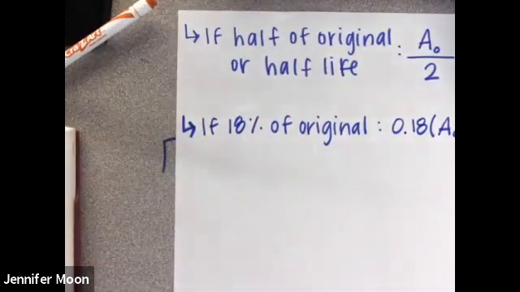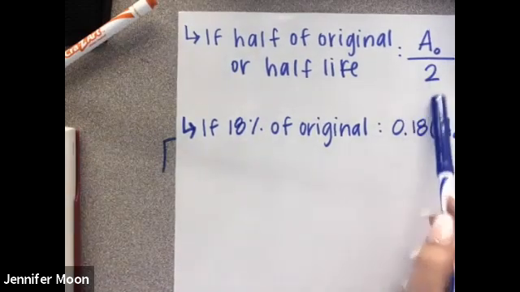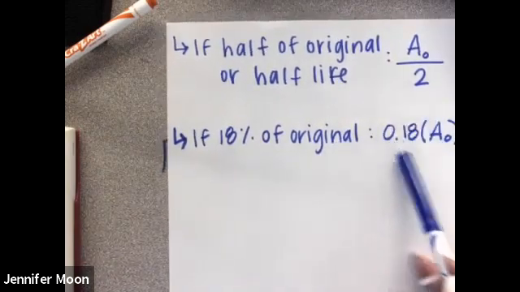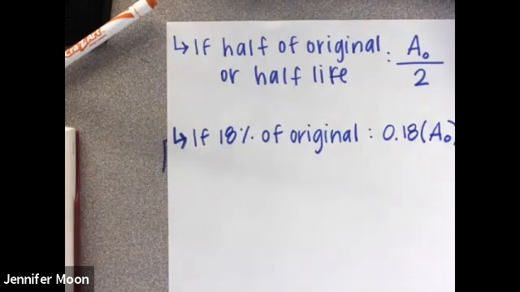It could say 23 of the original, whatever, this is just an example. Half-life though is this. Whatever it tells you of the original, you would multiply it by this decimal. And then everything else after that should follow what we've already done, okay?